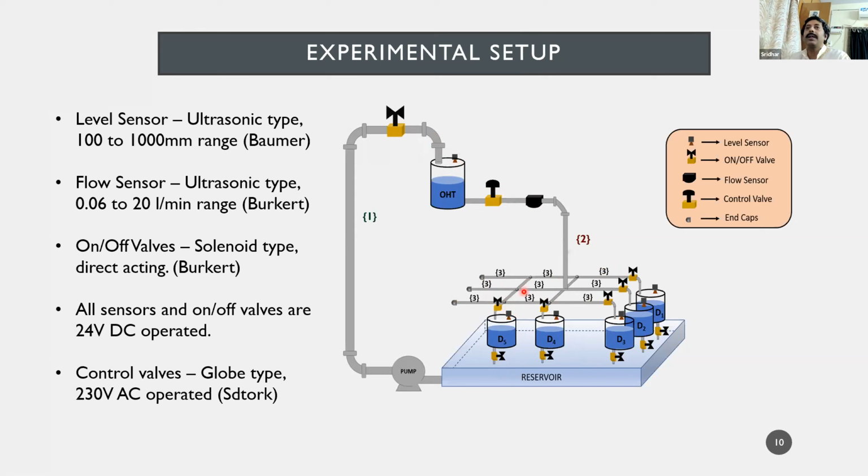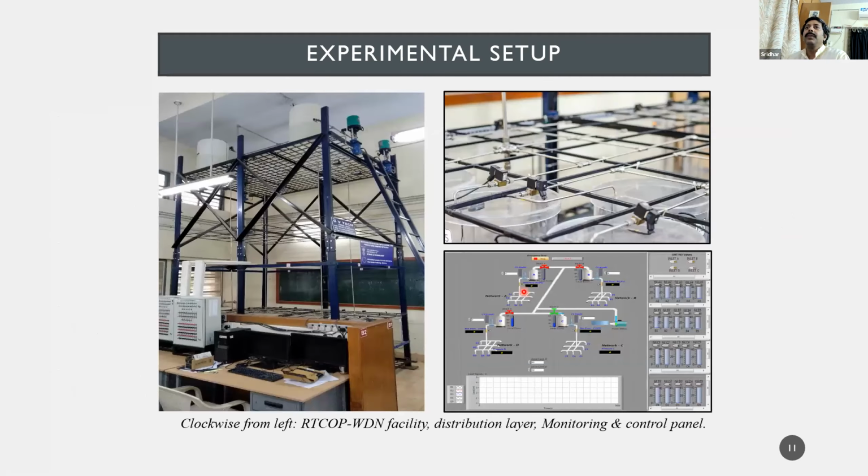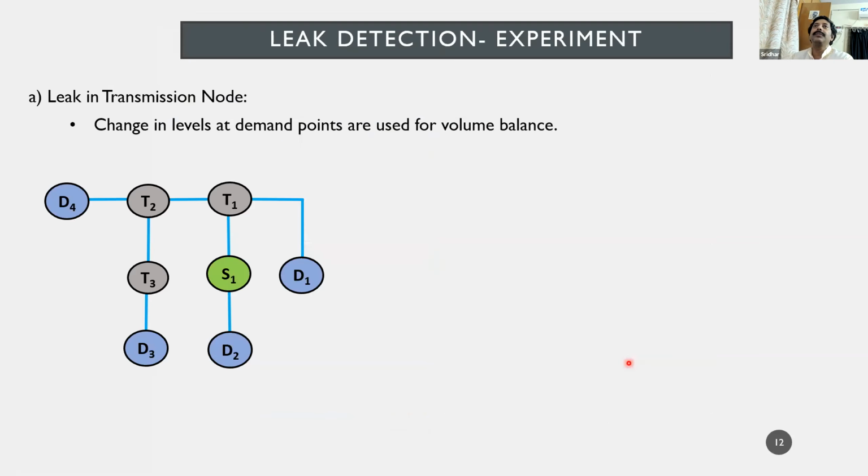You could disconnect, connect, and come up with your own network topologies. All data is interfaced, collected and logged. Here is another close-up photo of the entire network. This one shows a valve leading into one of these tanks, and this is the control panel written in LabVIEW to collect and interface data.